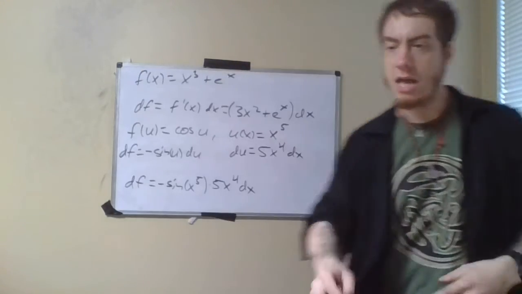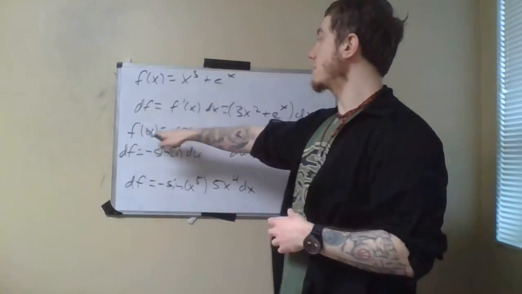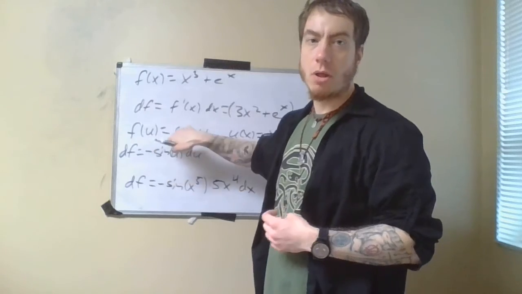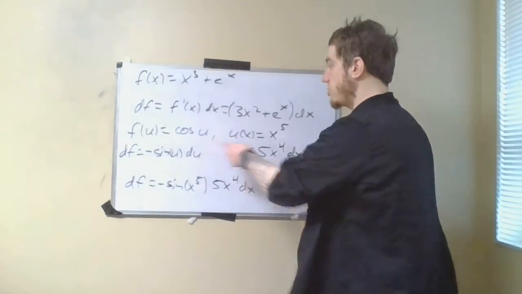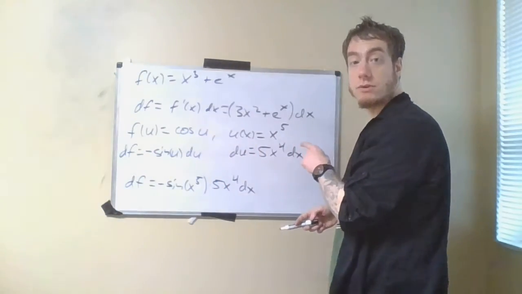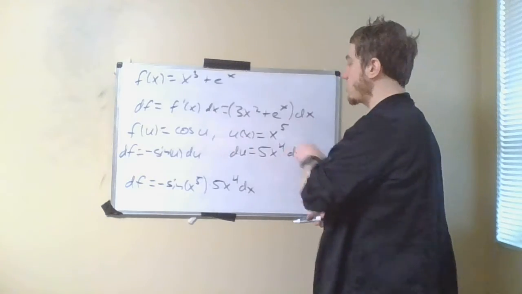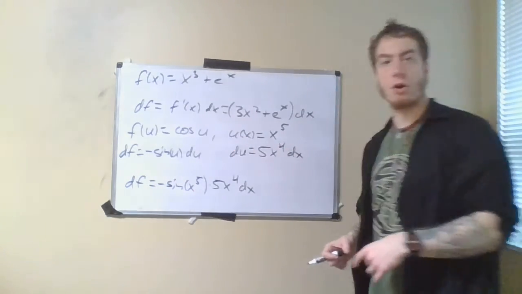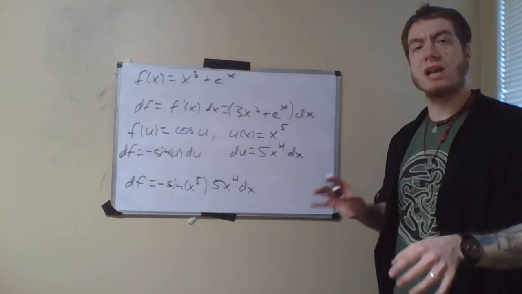So in this way, we can start off by thinking of u as the independent variable, but then if it turns out that u itself depends upon something else, we can just go ahead and calculate that differential and throw it in here. And everything kind of works out really nicely.